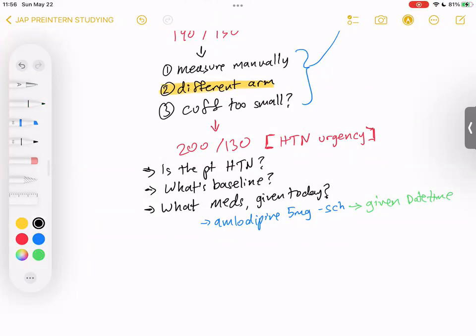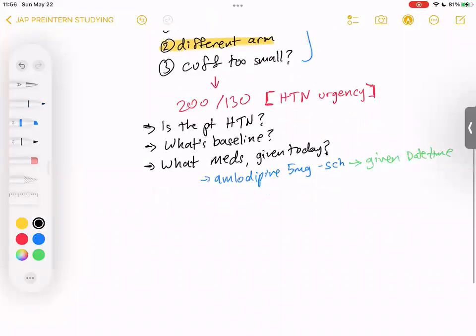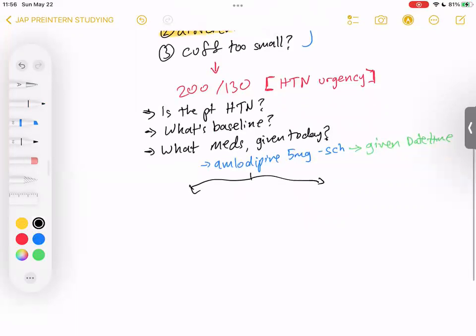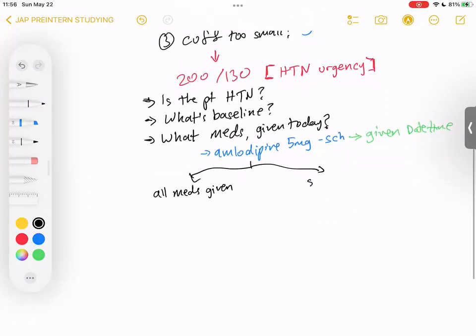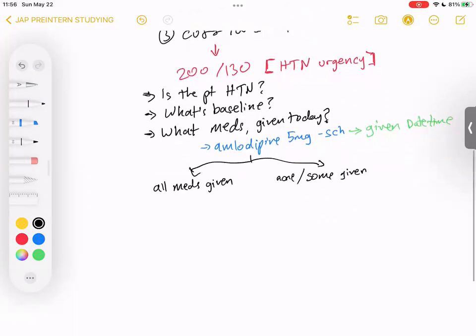So you have two options here, okay? Either all his hypertension meds were given, or some or none were given. If some or none were given, what are you gonna do? Easy, right? Give the rest, and then see what happens.